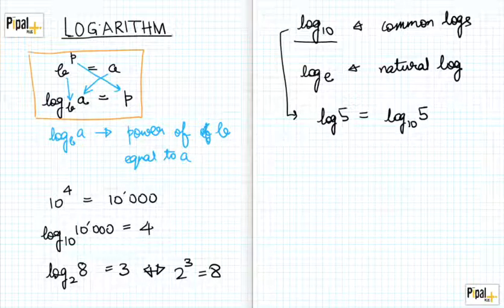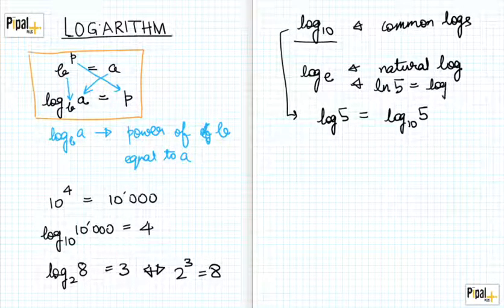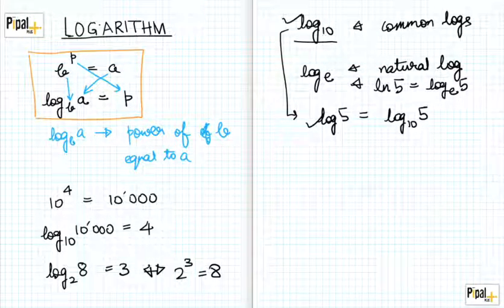If however somebody has to express log to the base e, the natural log, they can write this in the form of ln. So ln 5 actually means log base e of 5. But most of the time we are going to be using log 5, which means log to the base 10 of 5.